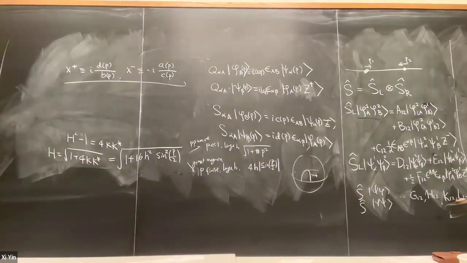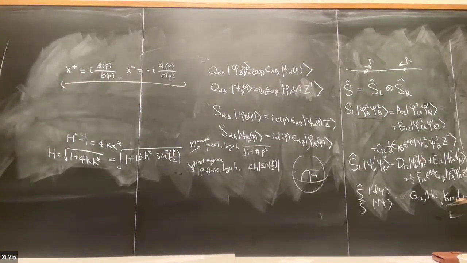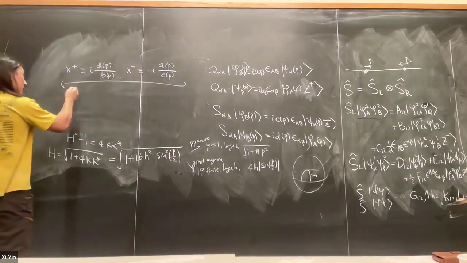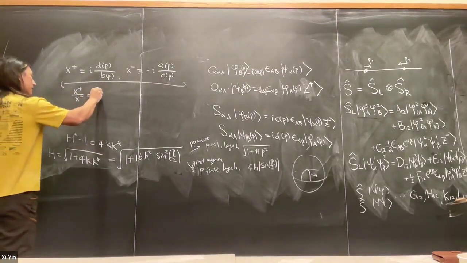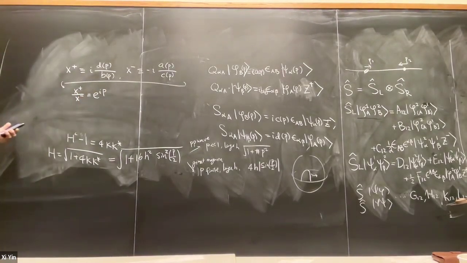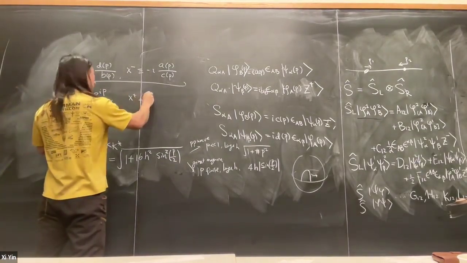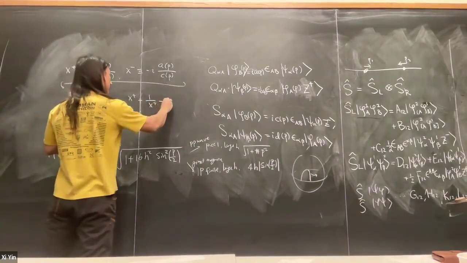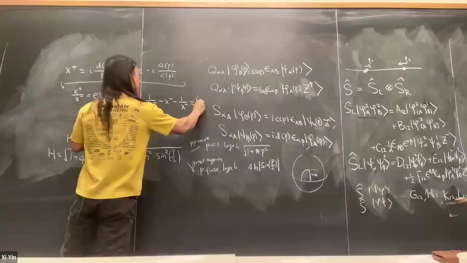But here's how we'll actually use them. You can show by checking these ABCDE relations from earlier that they're related to P in the following way. X plus over X minus is e to the iP. So the ratio between the two is e to the i times the momentum. And then they obey the property that X plus plus 1 over X plus minus X minus minus 1 over X minus is equal to i over h.